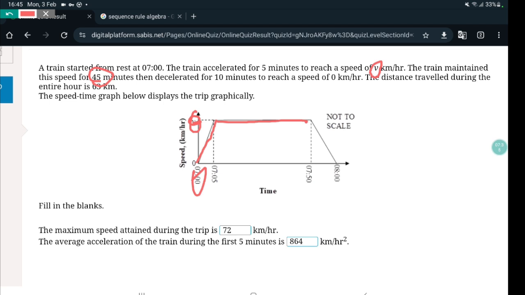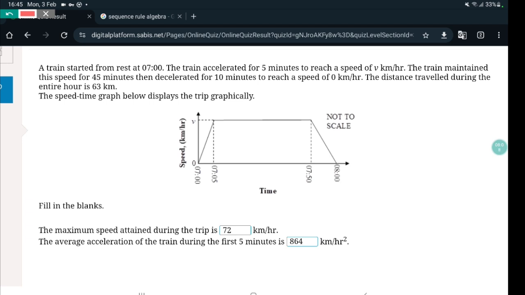Then it decelerated for 10 minutes to reach speed 0. So here is 0. The distance traveled during the entire hour is 63. So now they're asking, what is the maximum speed attained during the trip?